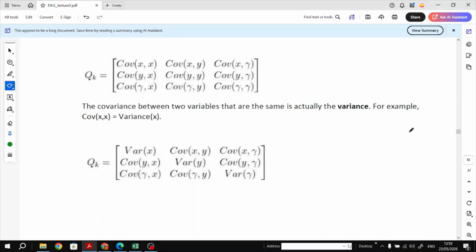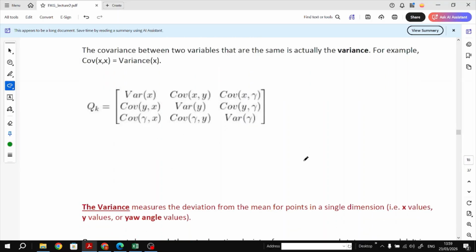Okay, so here the state covariance matrix is the covariance matrix which has the variances on the diagonal, and off-diagonal elements are the covariance or correlation values.